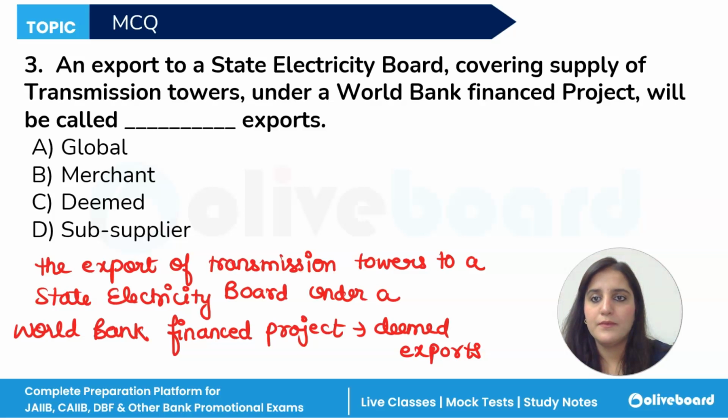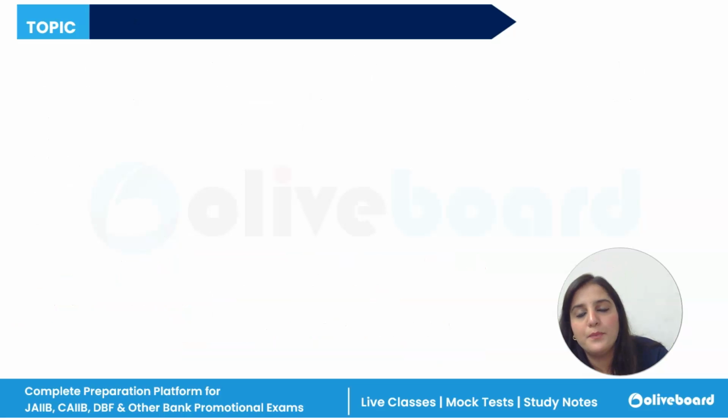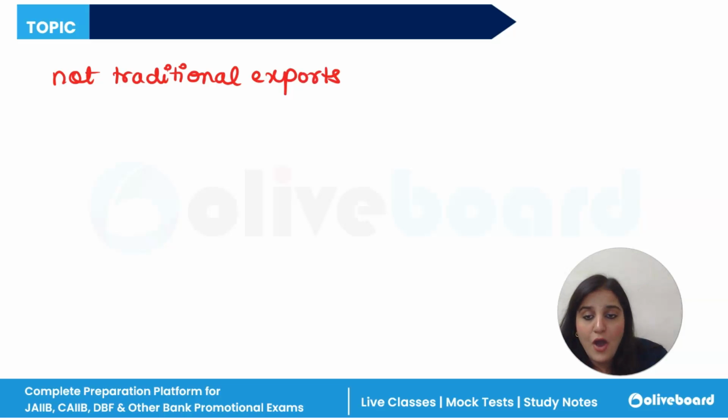So we can say deemed exports refer to those transactions that are not traditional exports, but these exports are treated as exports for certain purposes such as tax benefit or export incentives.